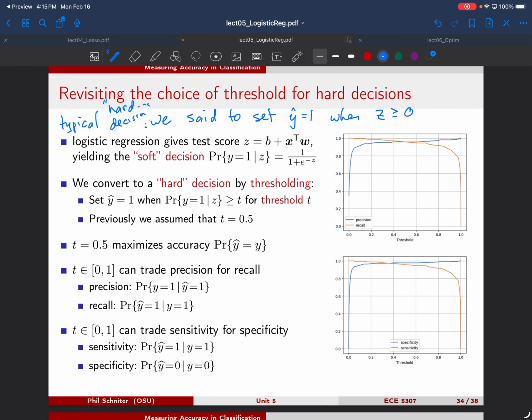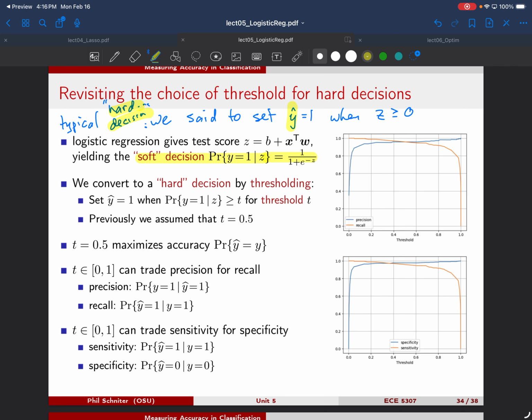Okay. So there's another approach which is a bit more informative, and it is to use what's called a soft decision, which is not to report an integer guess, but actually to report the probability y equals 1 given z itself. So that's going to be a real number between 0 and 1. So those are called soft decisions. These hard decisions, that's the y hat.